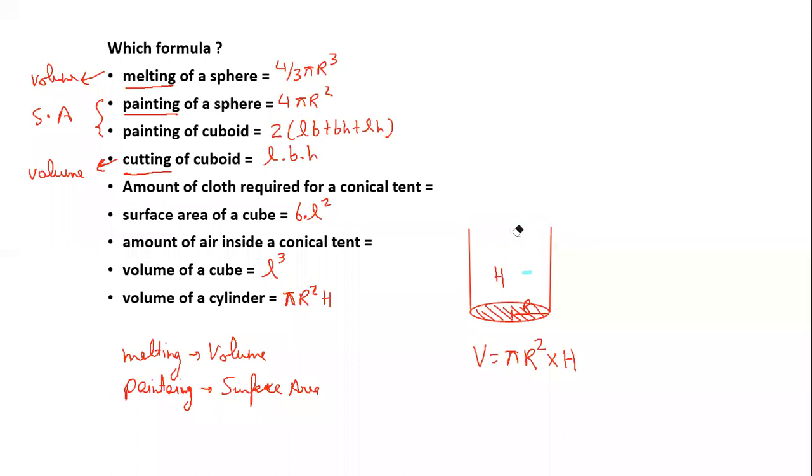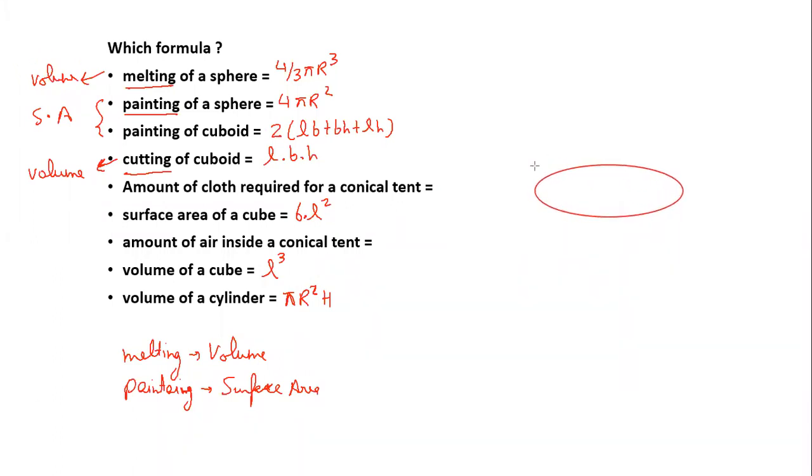Now the interesting part, which is cone. Guys, I believe everyone understands cone. A cone is an ice cream cone. So if I draw an ice cream cone here, something like this, or you can understand it as a conical tent, right? Now a cone has three dimensions which you should be aware of. First is the radius.